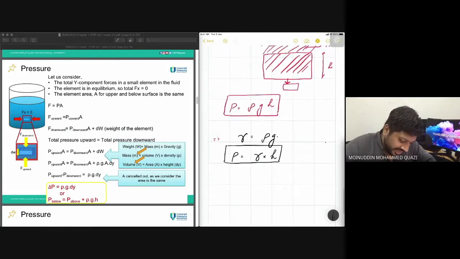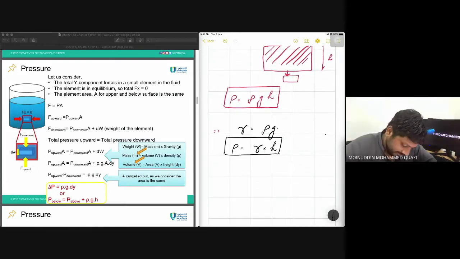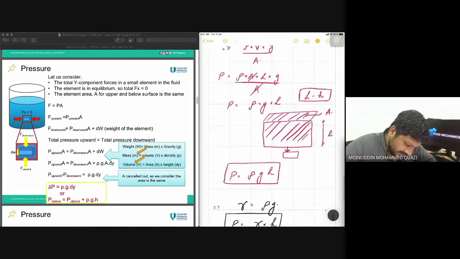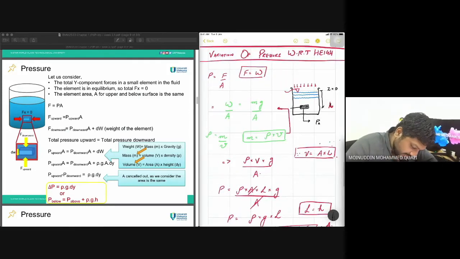Let's say I want to integrate this equation. The integral of dp is equal to gamma times the integral of dh. We have this point A, and this point is atmospheric pressure. At atmospheric pressure, the height is 0, and at point A, the height is h.